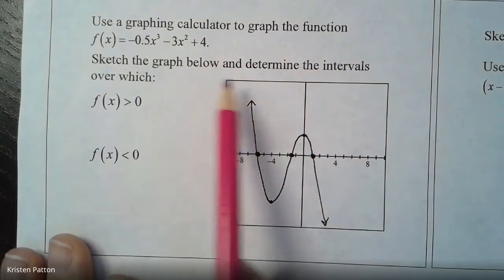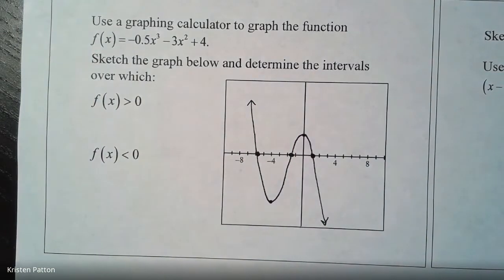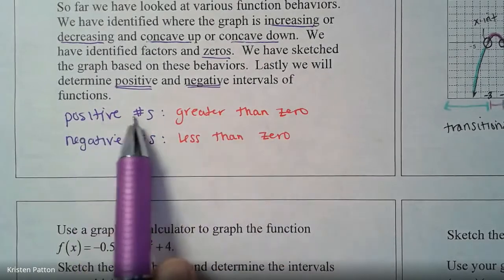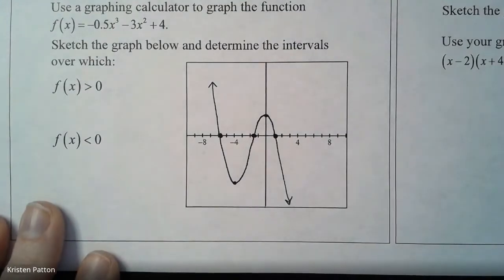Sketch the graph and determine the intervals over which f of x is greater than 0. All right, well, slide back up for a second. Remember how we said greater than 0? That means positive. So it's really the same question we just answered.